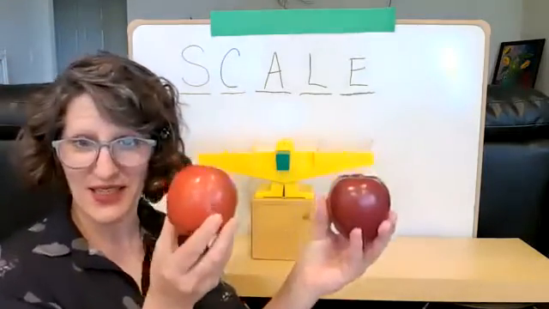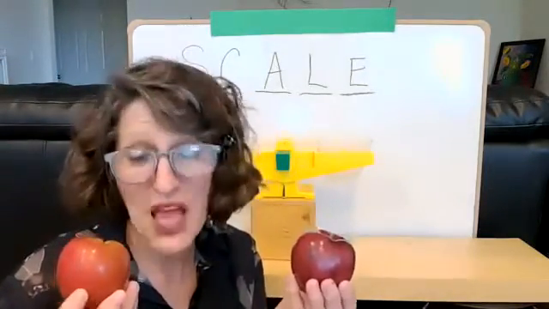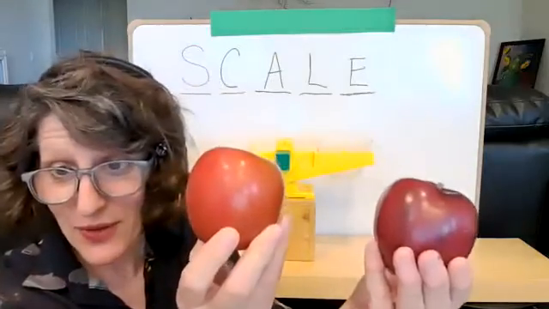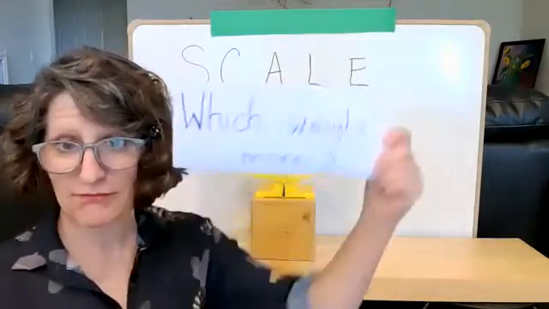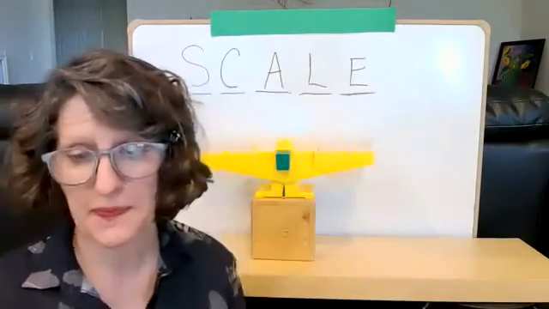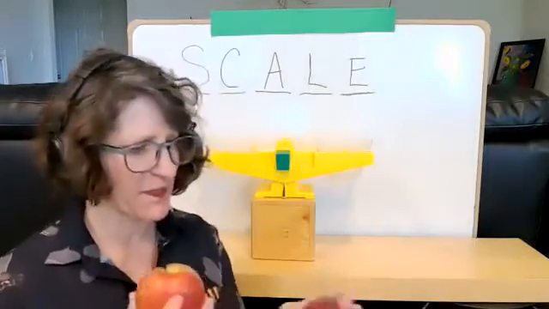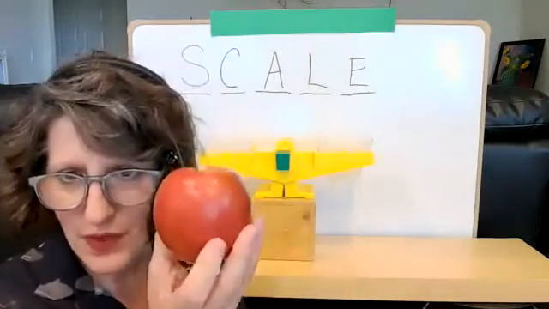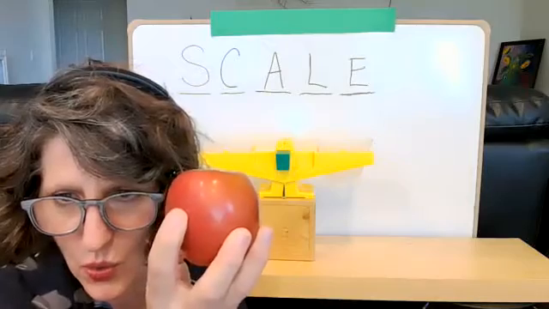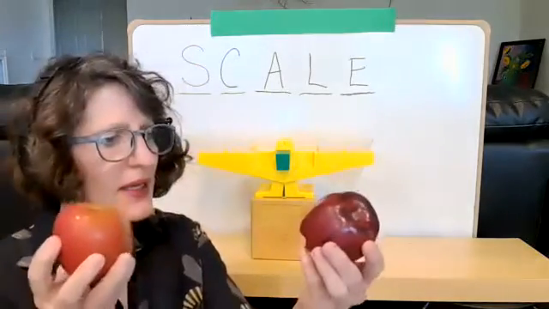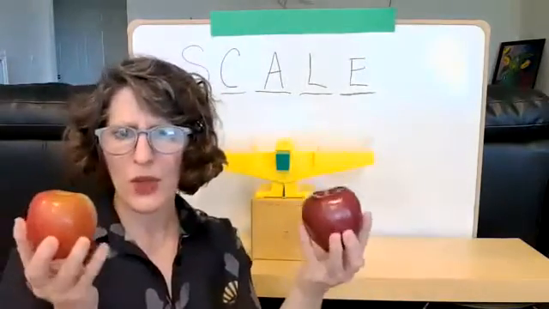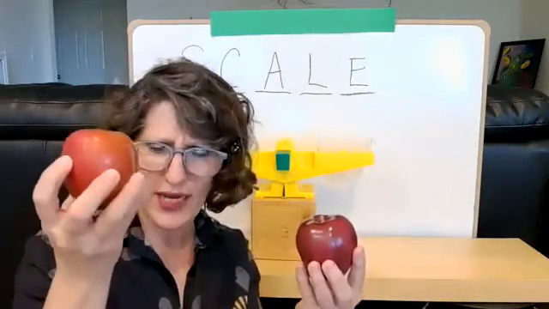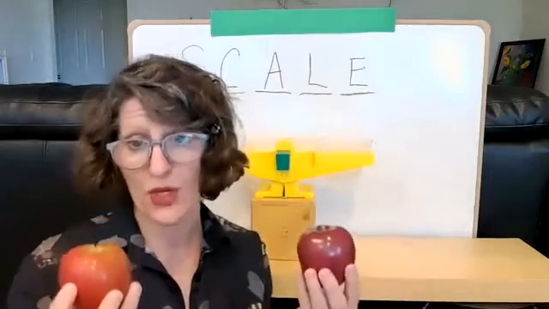So I brought 2 apples so we could compare and find out which weighs more. So let's describe what we see. So this apple looks like it's reddish yellow maybe. And this apple looks kind of dark red. So which weighs more? Do you think the golden red apple or the dark red apple weighs more?